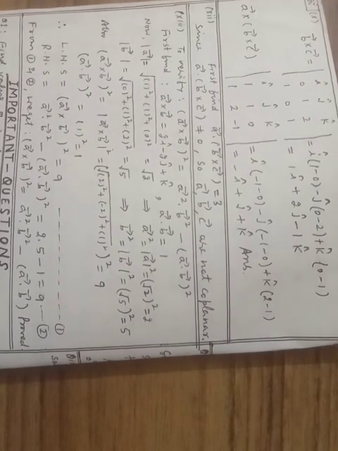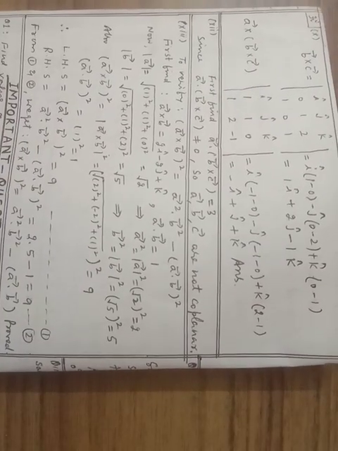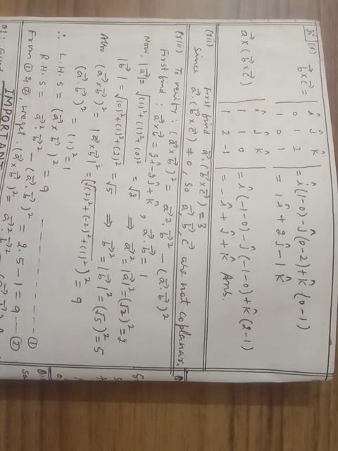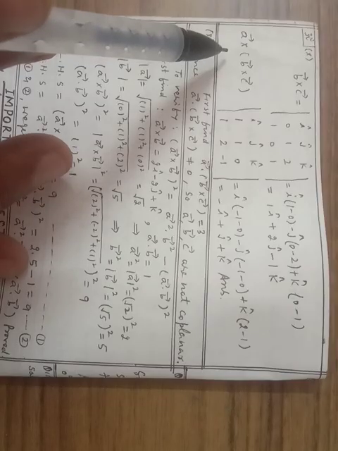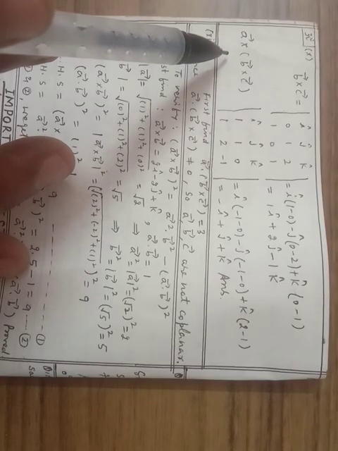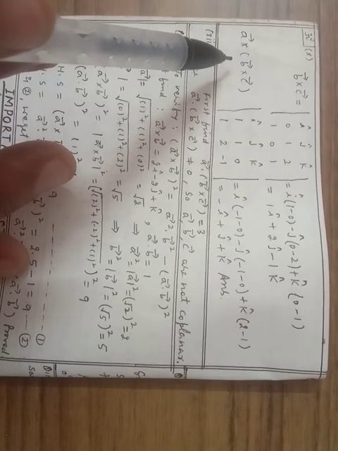Next question. In this part, 10th part, we will find out A cross B cross C. It is called vector triple product.